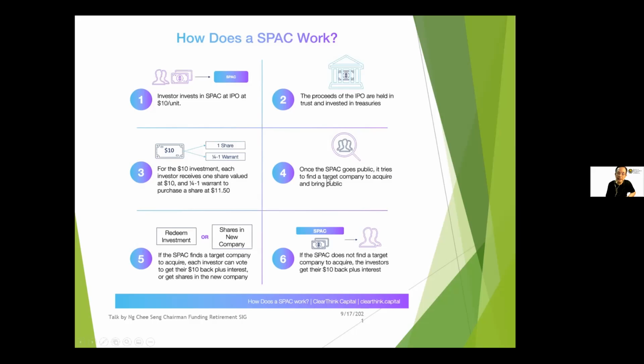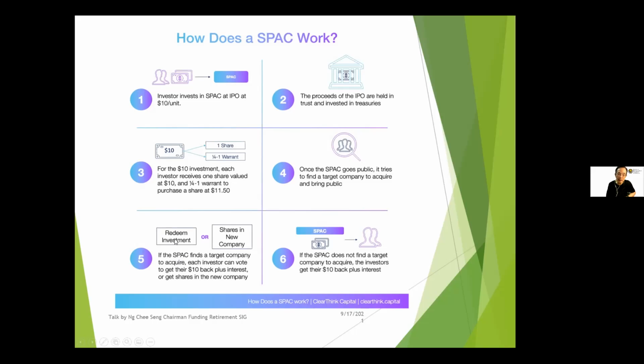it tries to find a target company to acquire and bring to the public. Next, if the SPAC finds a target company to acquire, then each investor can vote to get their $10 back plus interest or get the shares in the new company.